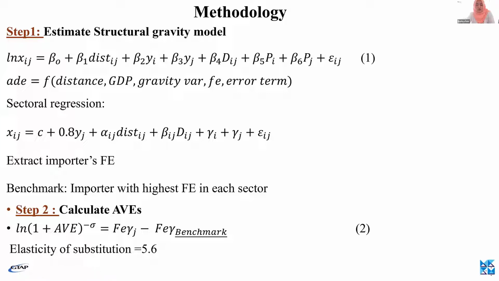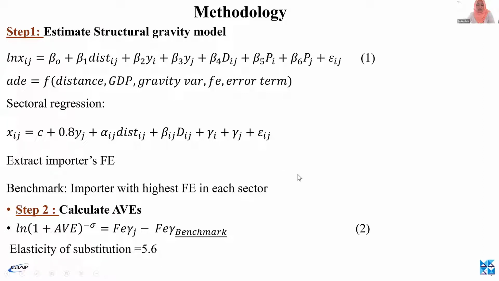So after the gravity estimation, we choose a benchmark country, which is a hypothetical situation of free trade, and the rest of the countries are compared to the benchmark in each sector. The criterion for the benchmark country is that in each sector, the importer country with the highest fixed effect serves as the benchmark.